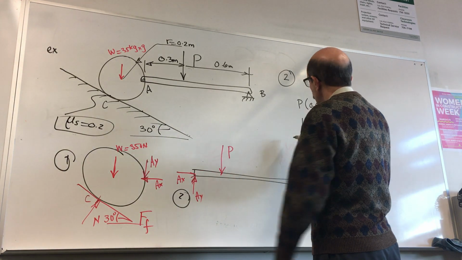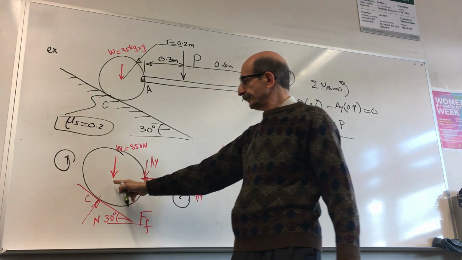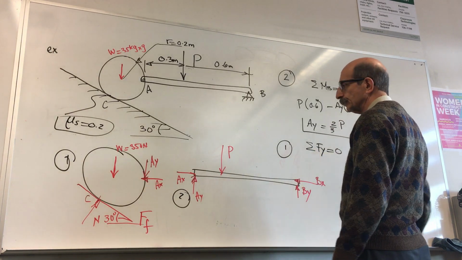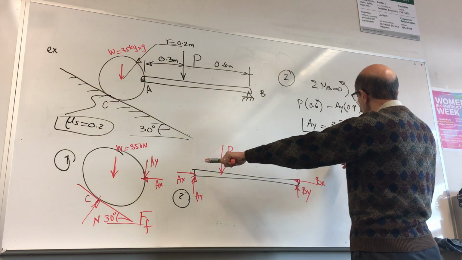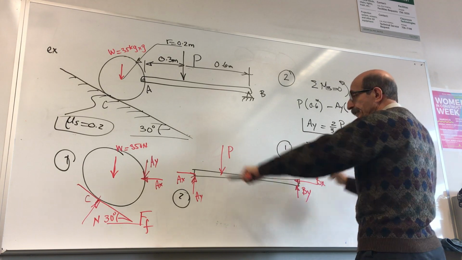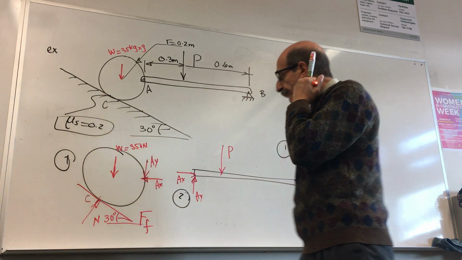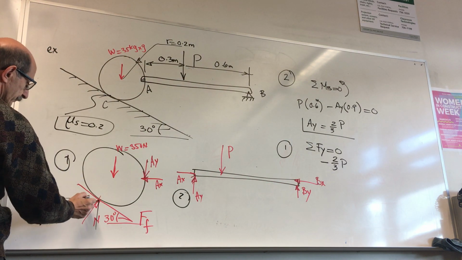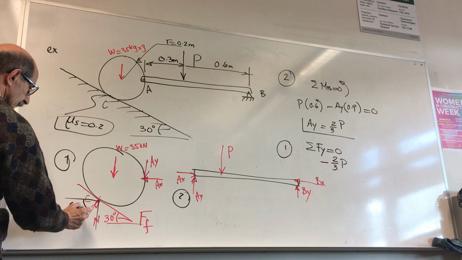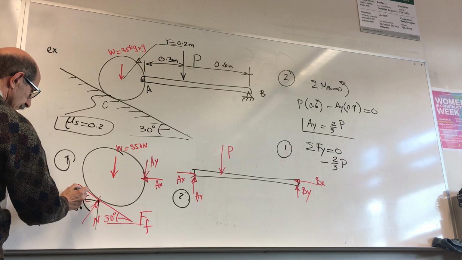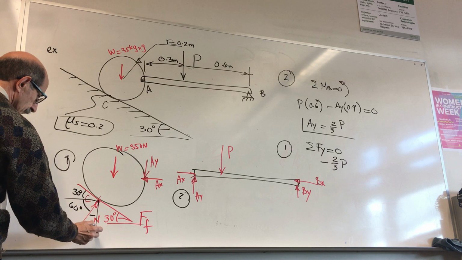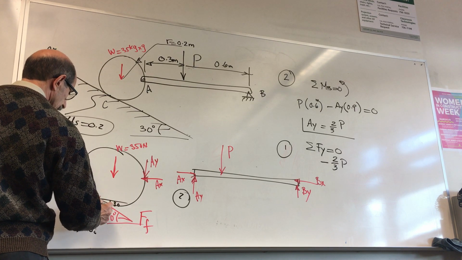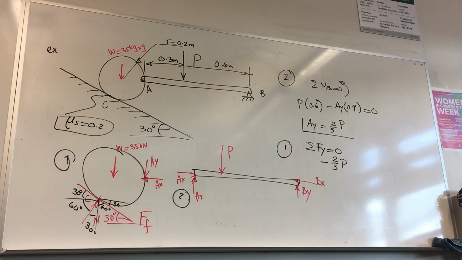So I go now to this one. If I write summation of forces along y equal to 0, I have negative AY, which is negative 2/3 of P, plus, this is 30 degrees, so this is 60 degrees. This is 30, and this is 30, this is 60, so that you can easily keep track.